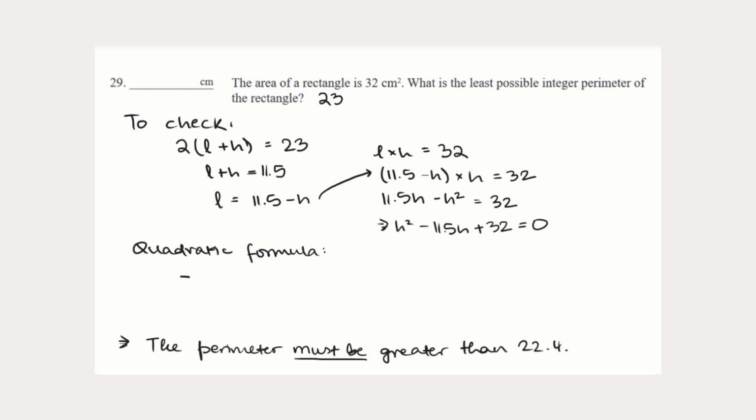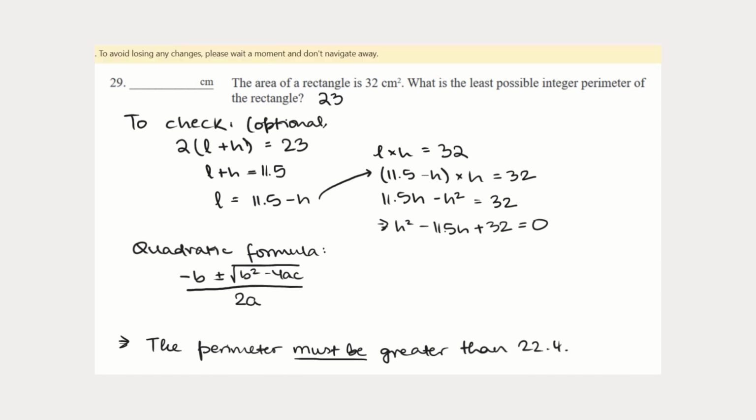If you remember, the quadratic formula is negative b plus or minus the square root of b squared minus 4ac, all over 2a. And these, b, a, and c, refer to the coefficients.